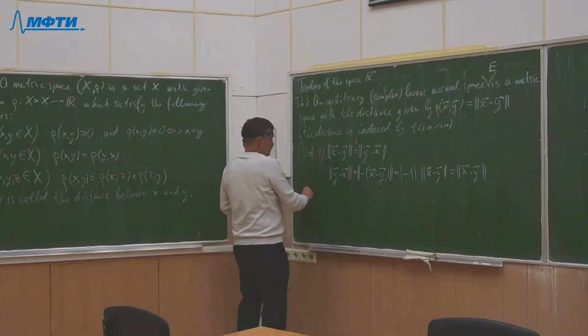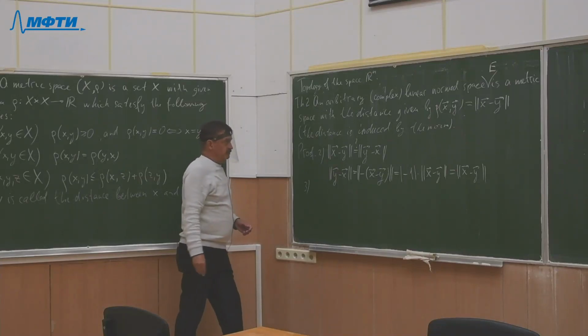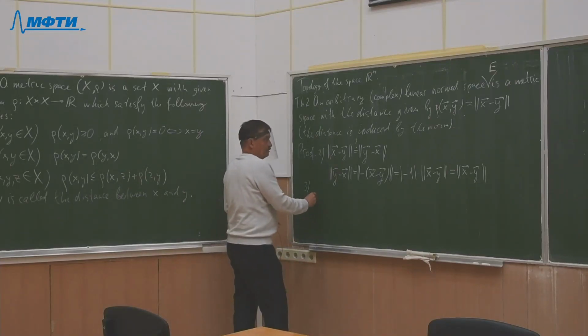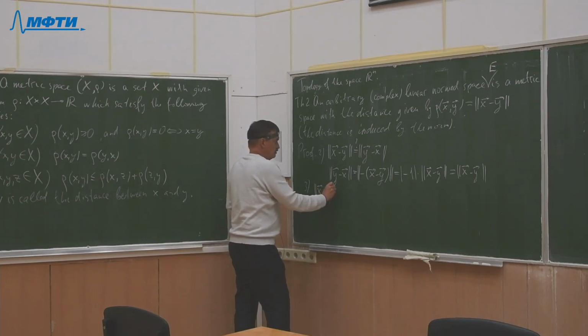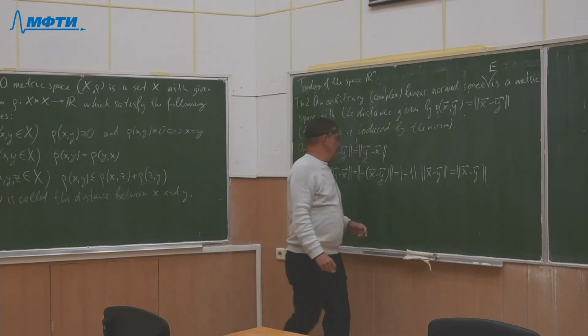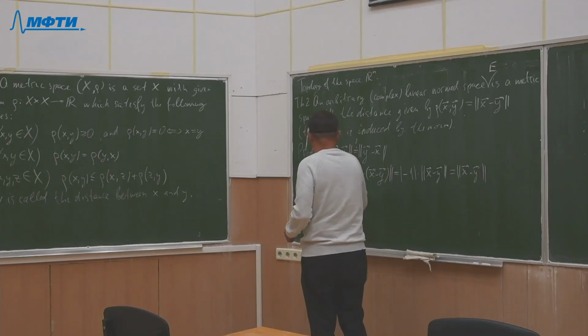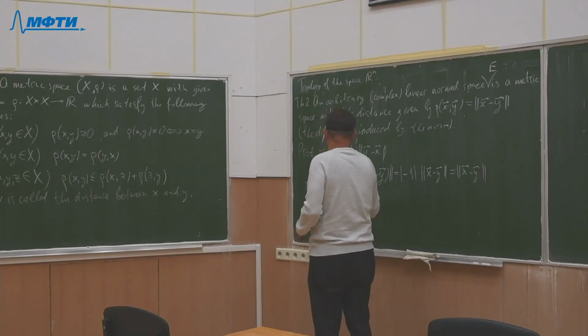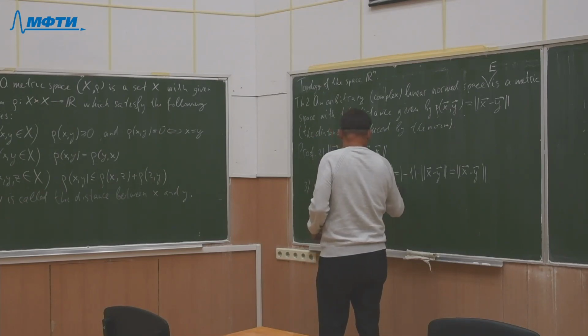And the last, third property, okay, we can write like that, rho of xy, then I will write x minus z plus z minus y, right?